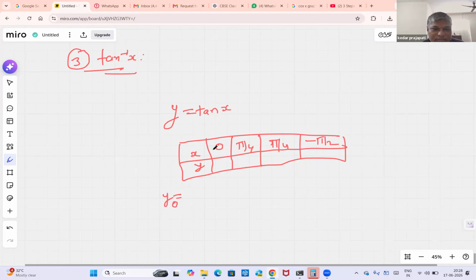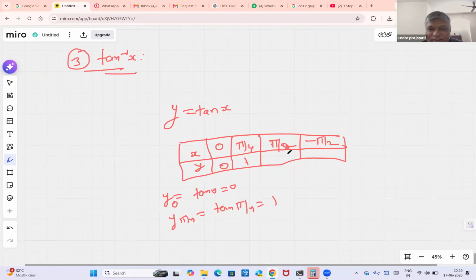When x is 0, y will be tan 0. Tan 0 is 0. Now y at pi by 4 is equal to tan 45. It is 1. This is pi by 2.